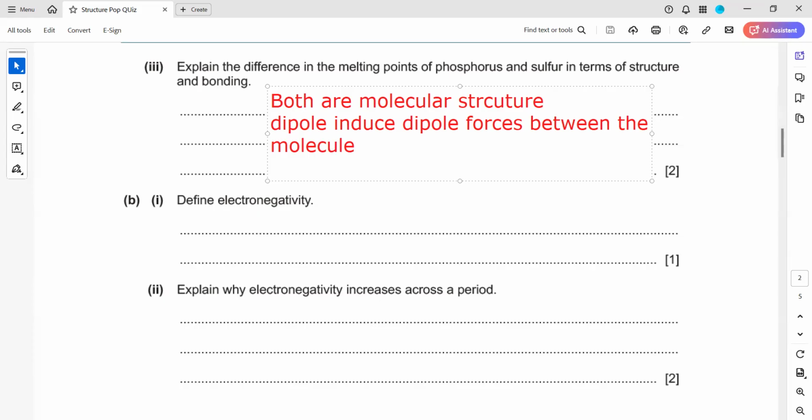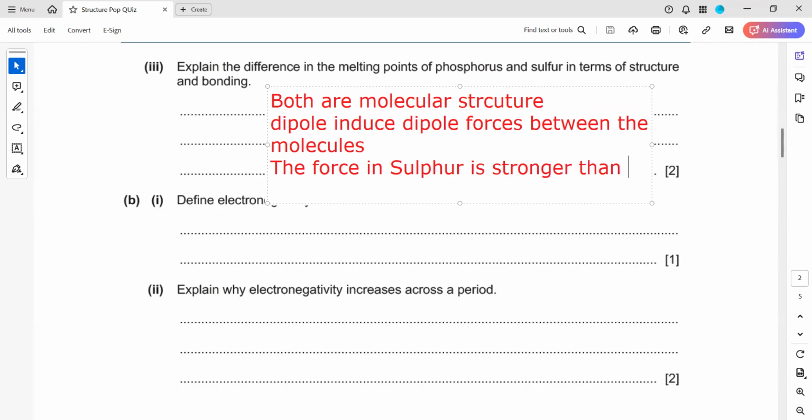And the dipole-induced dipole attraction in sulfur is stronger than phosphorus. Why? Because sulfur has more electrons. So dipole-induced dipole force increases as the number of electrons increases.